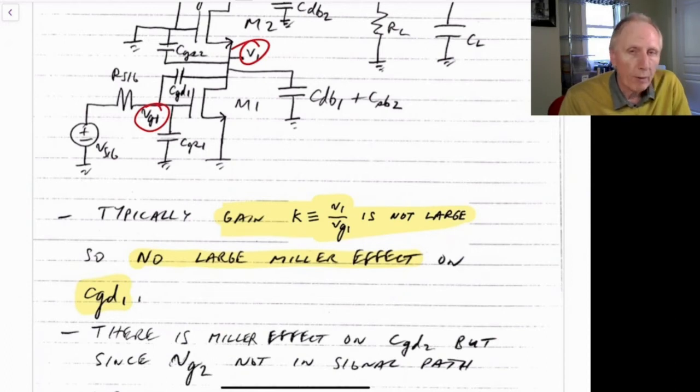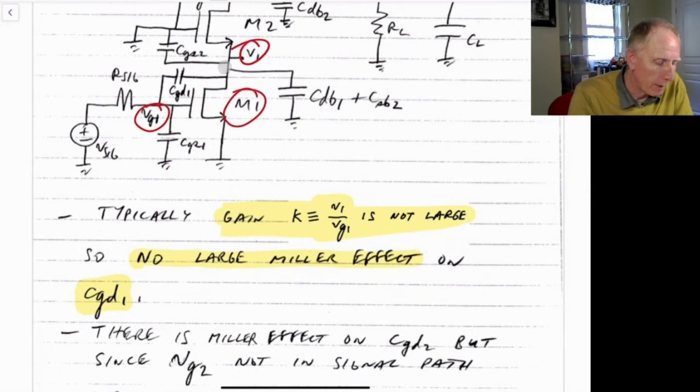In a common source amplifier, it's actually the gain that you're trying to get. In this case here, it's the g_m of M1 times the impedance that you'll see at this node. The impedance at this node is the impedance looking up in parallel with the impedance looking down into the drain of M1.